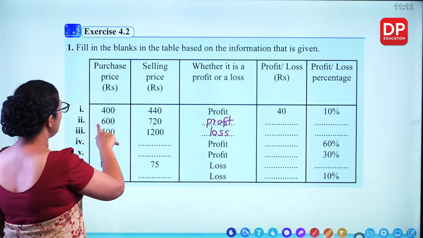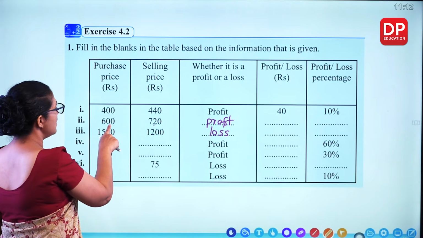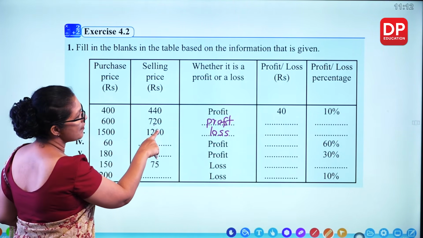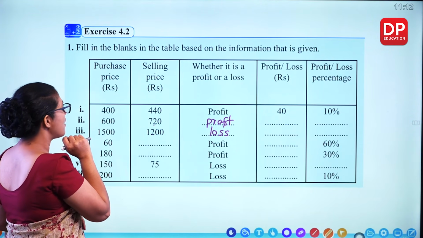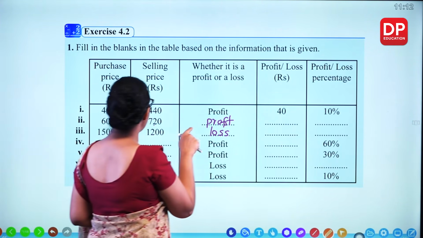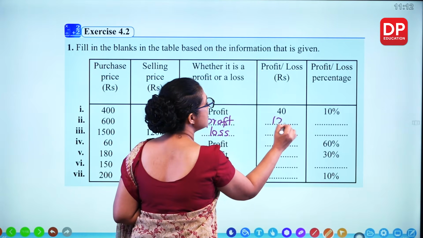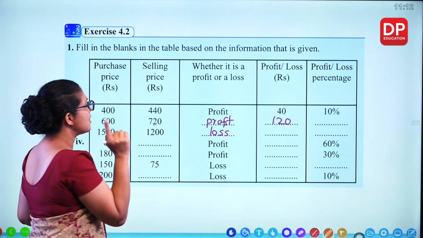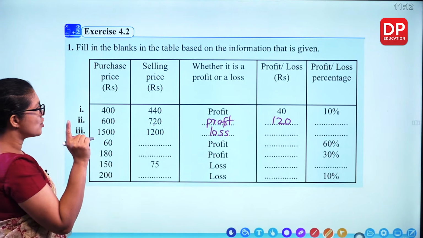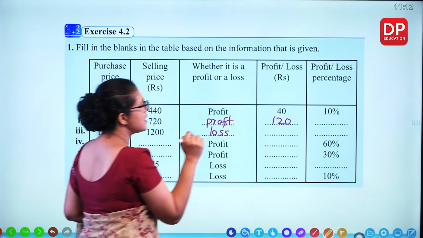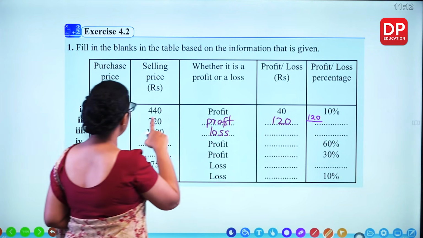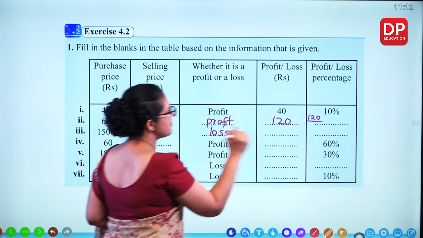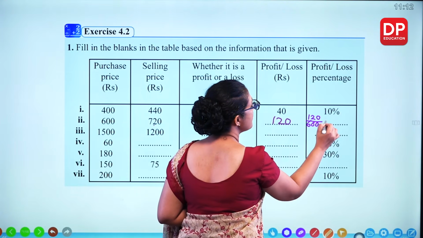Next one, now we'll calculate the value. So 600 to 720. So what's the difference? So difference is 120. 720 minus 600. 120. So what's the profit percentage? 120 divide by 600 into 100.